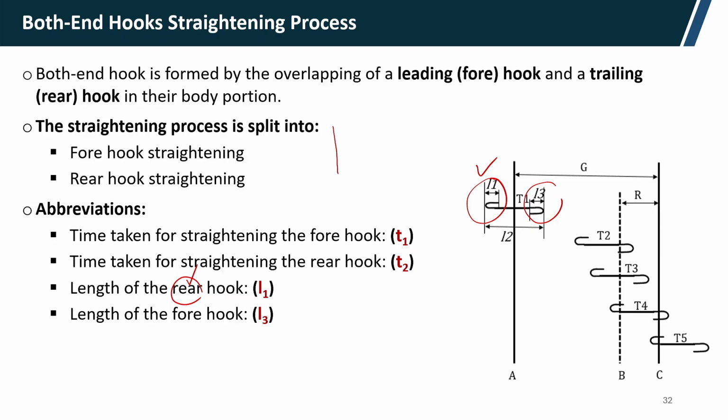So, L2 is the length of the body part. L1 is the leading hook, L2 is the body part length, and L3 is the length of the trailing hook. So, total length of the fiber will be L1 plus L2 plus L3.